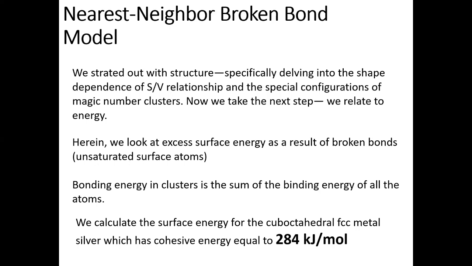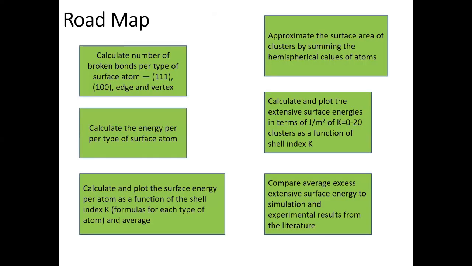Okay, now where do we go from here? Well, there's two paths. One, we can calculate the number of broken bonds per type of surface atom: the 111, the 100, the edge and the vertex atoms, right? We can calculate the energy per type of surface atom.